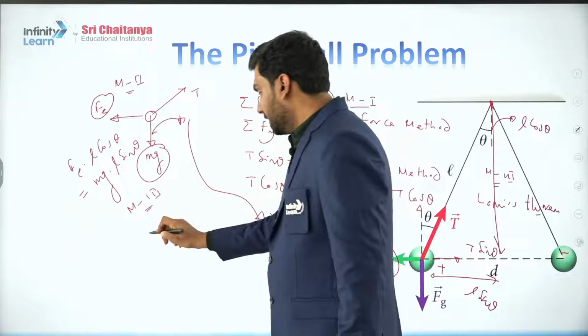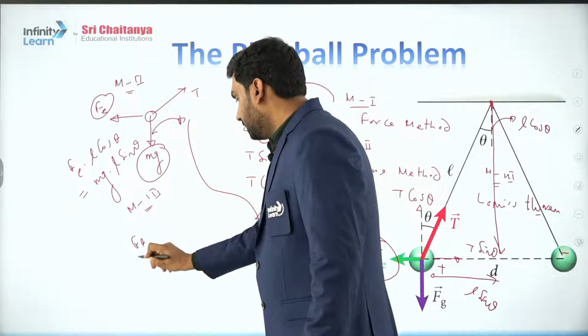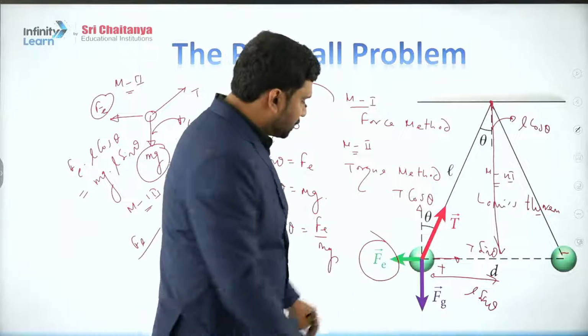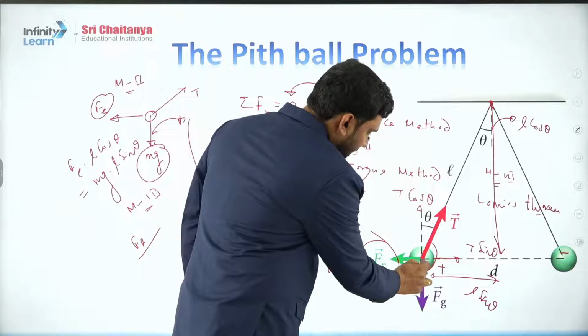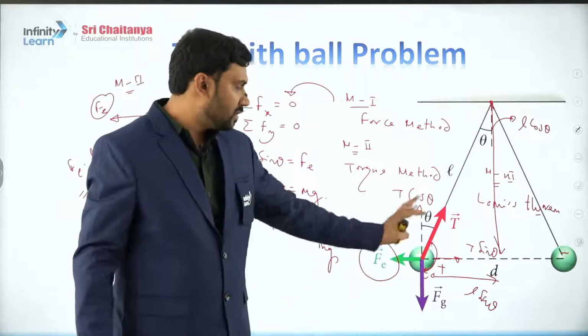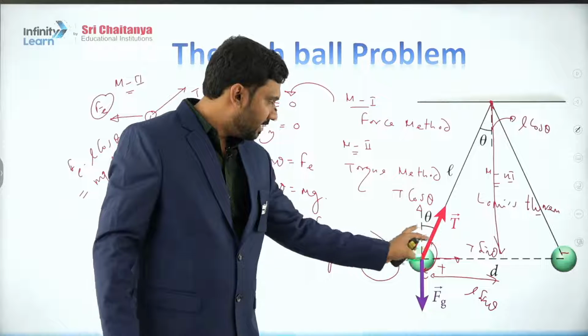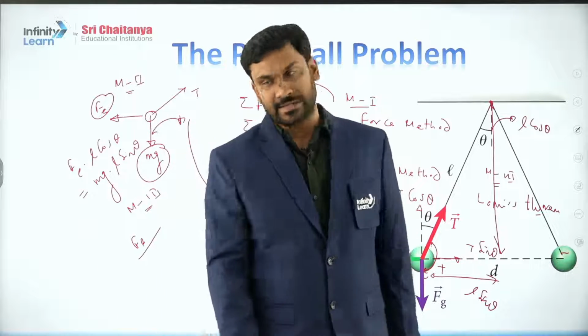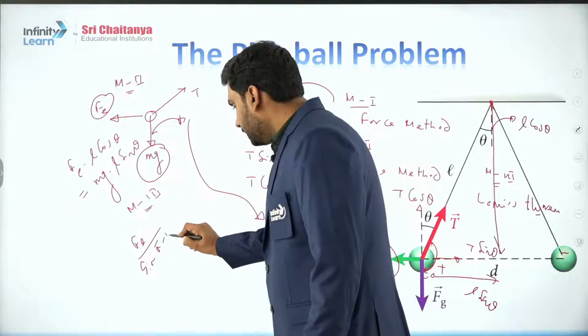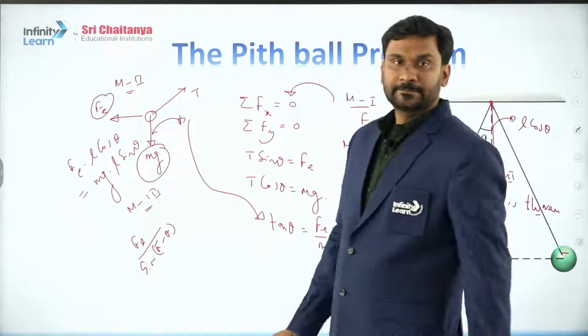So what can I do here? I will simply write Fe by, come to the diagram, Fe by, what is the opposite angle? This is the opposite angle. Are you following with me? How much is the opposite angle? This is pi minus theta, so opposite angle is pi minus theta. So I will write Fe by sine of pi minus theta, right?